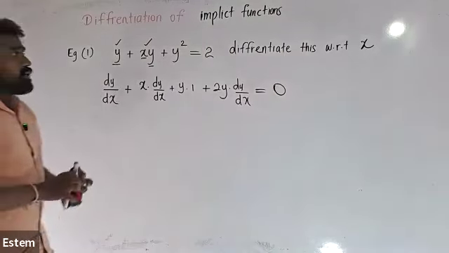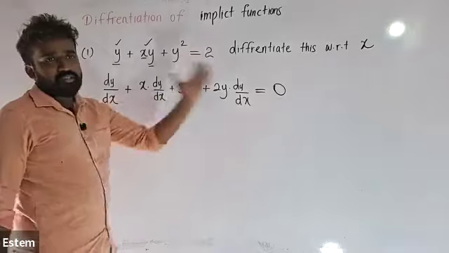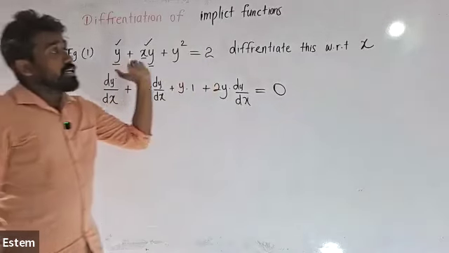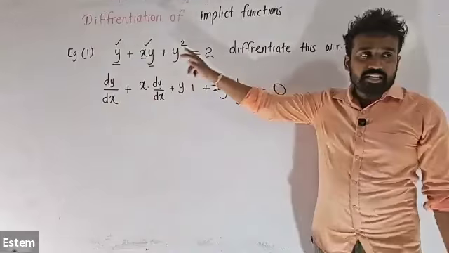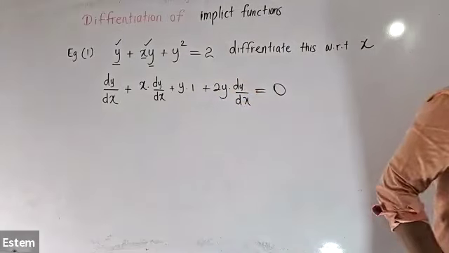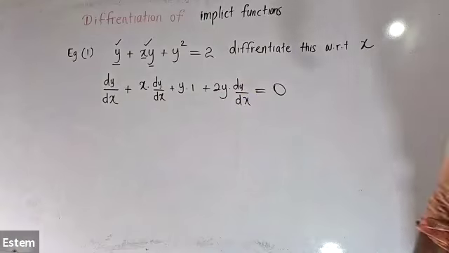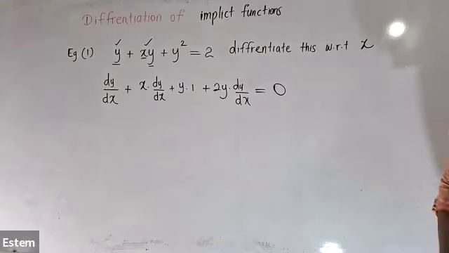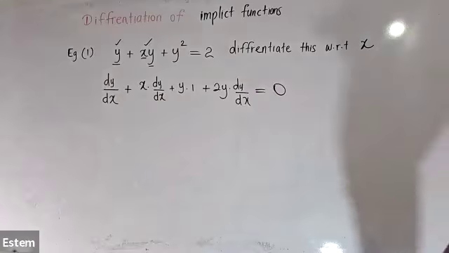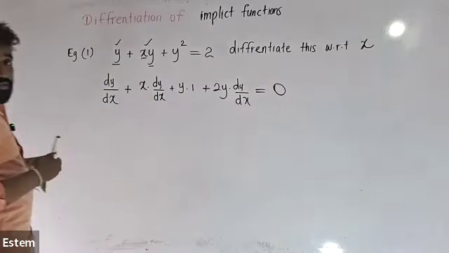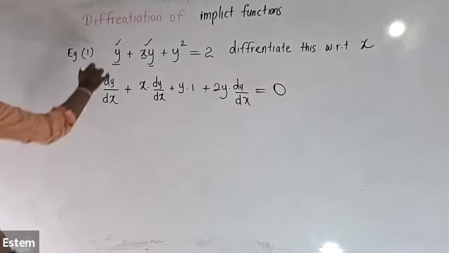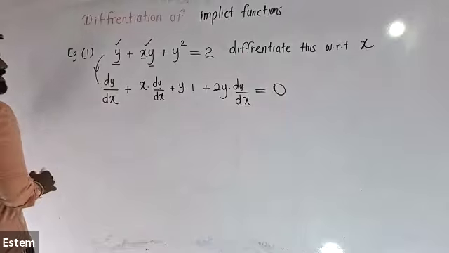Okay then, what about this? Did you get this? How do we differentiate an implicit function? Have you an idea? Now we have to make dy over dx the subject. Is it okay, from this step to this step?